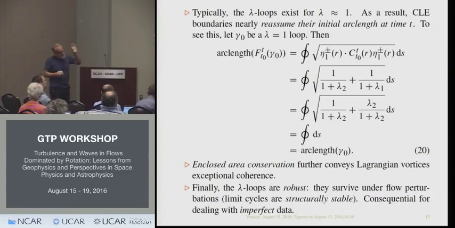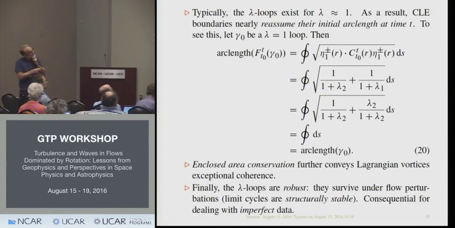We may wonder why these uniformly stretching curves actually have this elasticity property that we've been looking at. Well, it turns out that from numerical experimentation, we see that these lambda loops tend to exist for lambda close to 1. And that means that the length of the boundary is almost exactly reassumed at time t. Or you can see that by looking at the lambda equal 1 case. You take the arc length of the image under the flow map of the initial closed loop, and you see that it's exactly equal to the arc length of the loop.